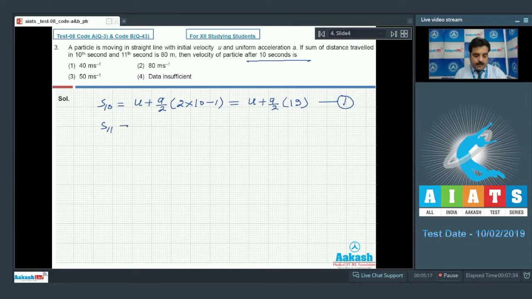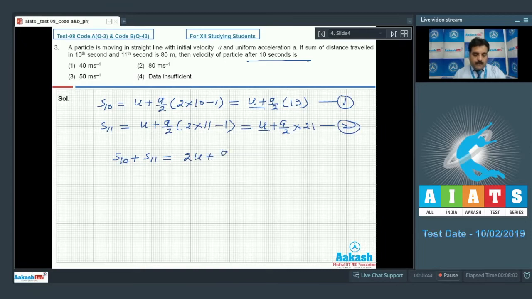Similarly, for S11, u plus a by 2, where the value of n is 11, minus 1, we get u plus a by 2 into 21. This is my equation number 2. According to the problem, if I add them, S10 plus S11, u becomes 2u and a by 2 I will take common, and we will get 40.